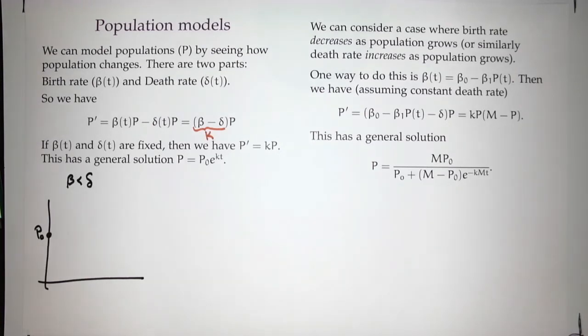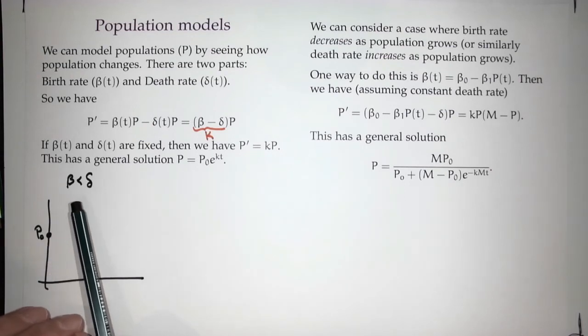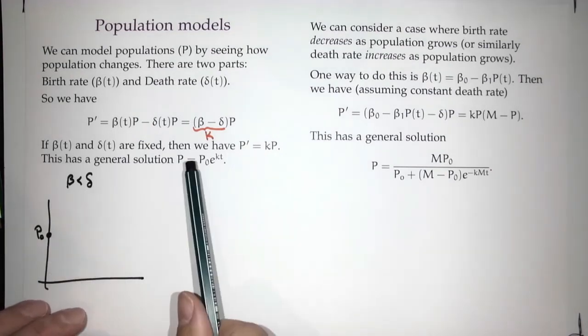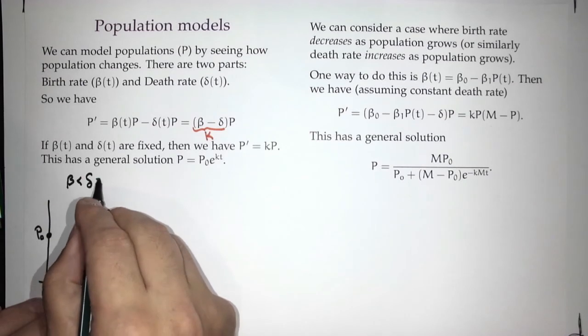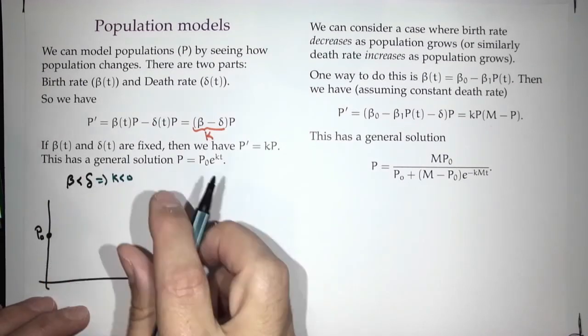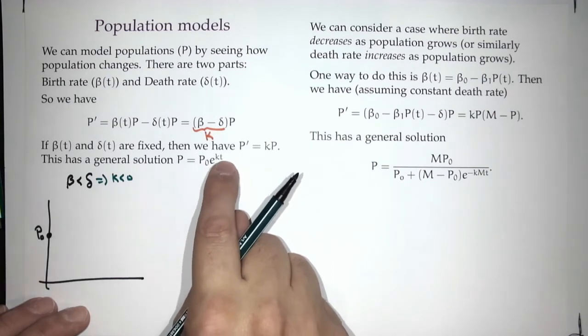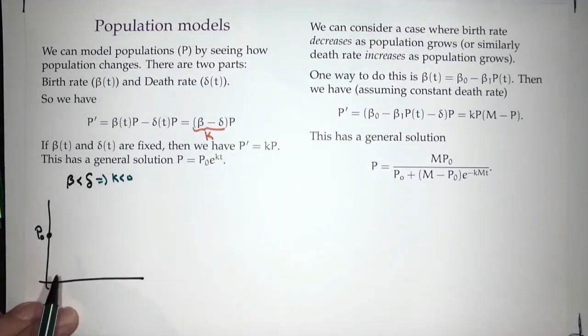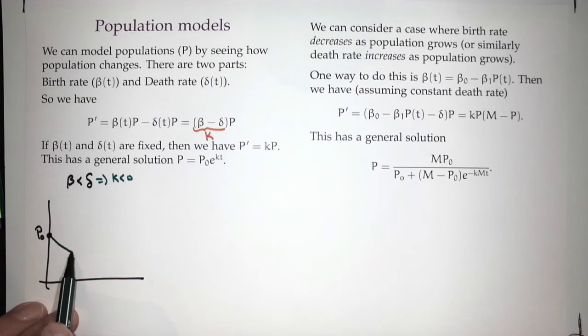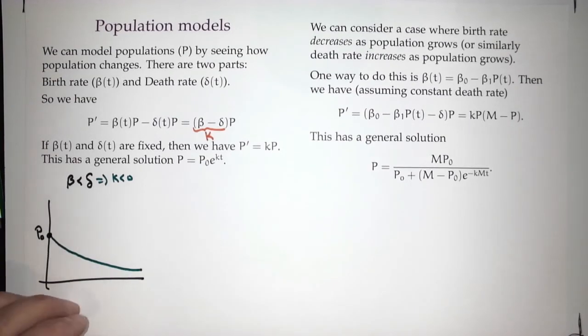Our population should shrink, because we're losing people faster than we can replace them. That says k is negative, so you have an exponential function with a negative exponent. So we have exponential decay, and that's what the model says. That's good.